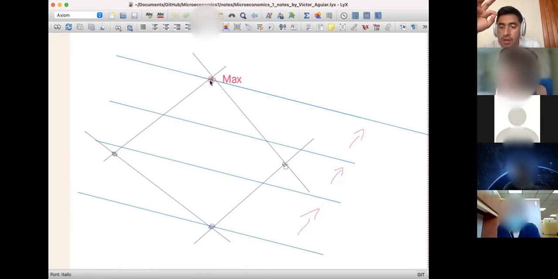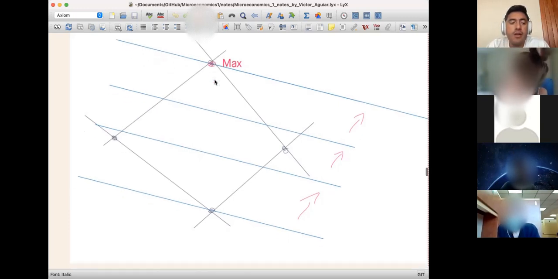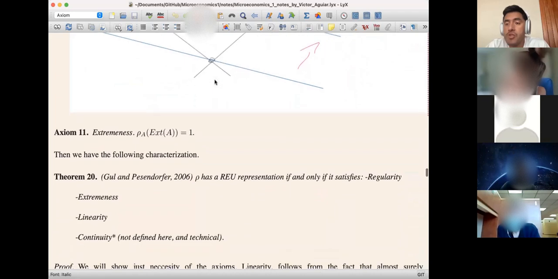It is very easy to see: here we are describing this graphically. Linear indifference curves progress in the direction of the red arrows, where they find their maximization point in the boundary points of the polygon. Do you agree?